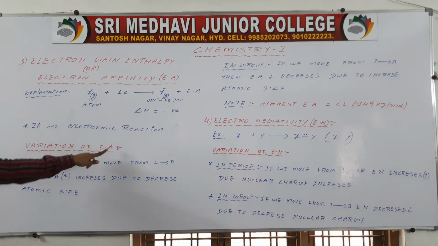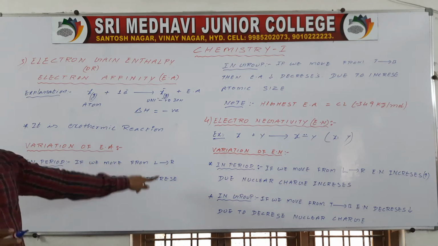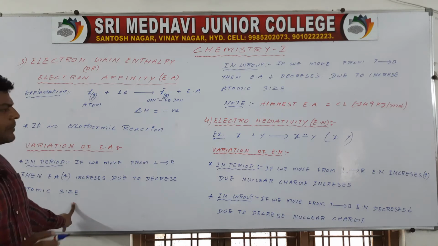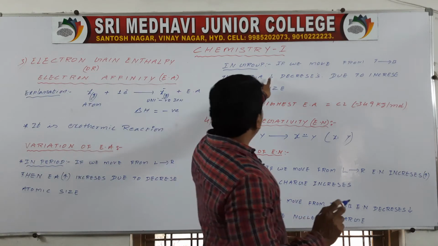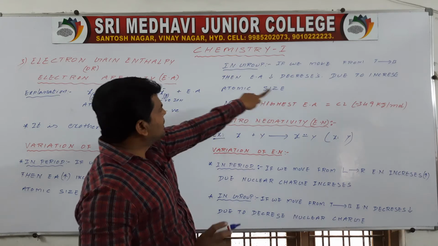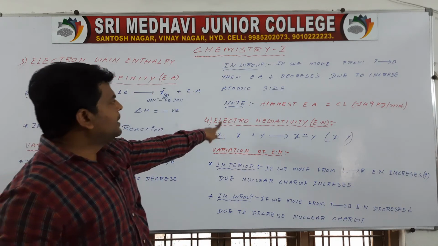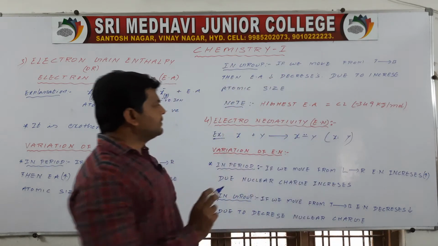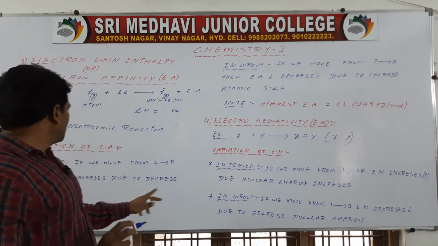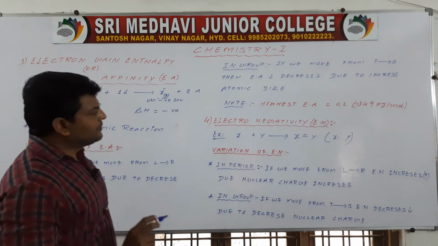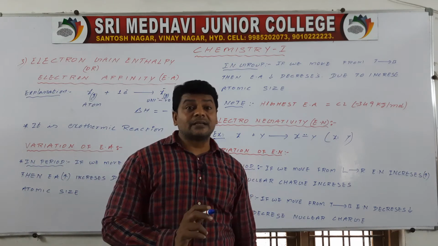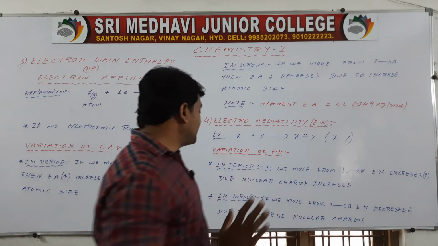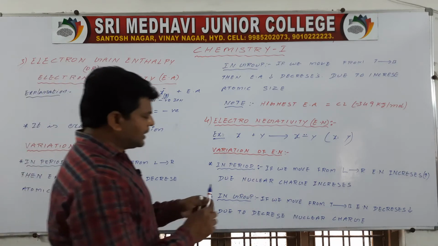Variation of electron affinity in a period: moving left to right, it increases due to decrease in atomic size. In a group it decreases due to increase in atomic size. The element with the highest electron affinity value is chlorine. One more note: the element with the highest electronegativity is fluorine. Here I am writing a note.